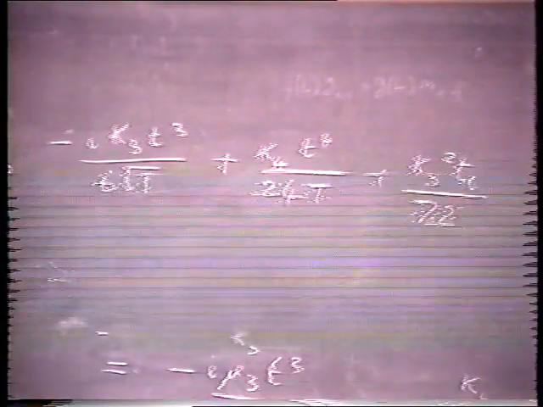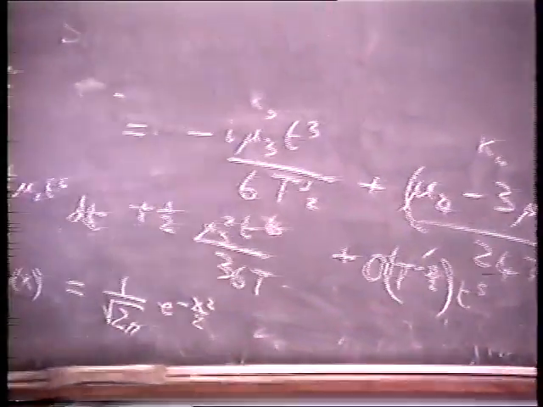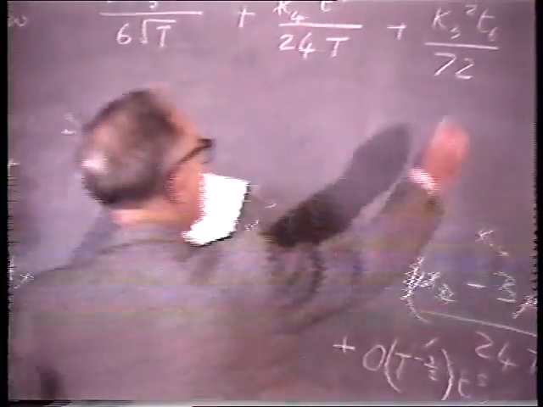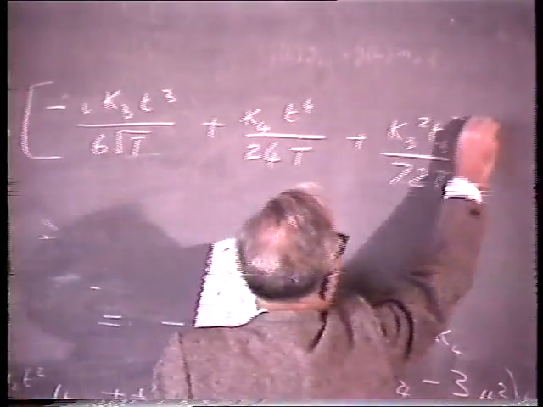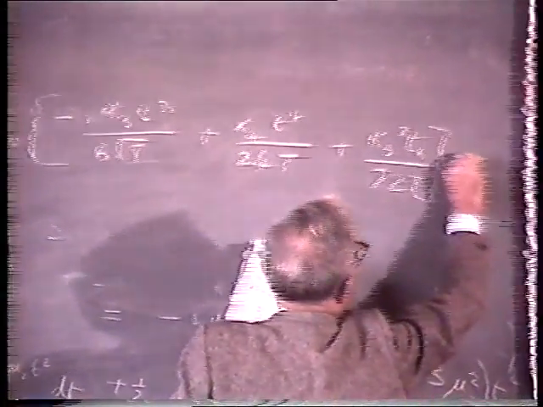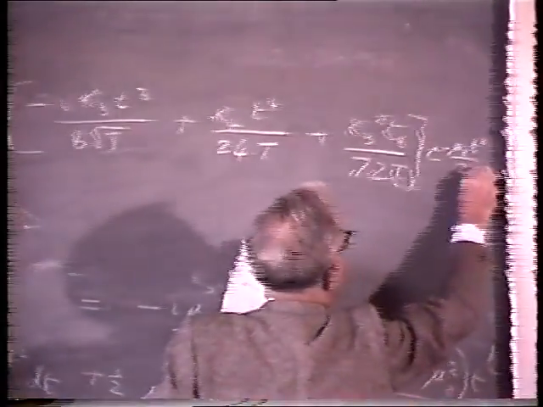Yes, this of course is just a half times 1 upon 36 times t, all in a bracket, e to the minus mu 2 t squared upon 2 dt.